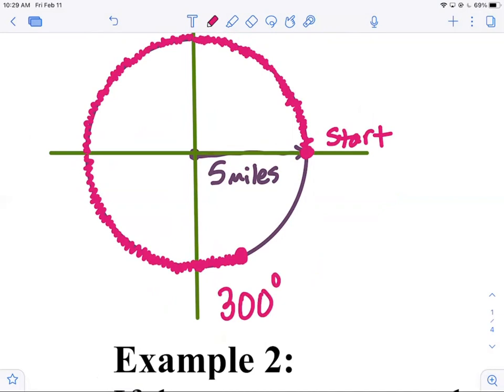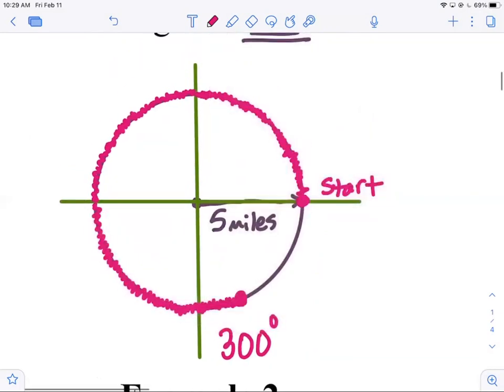He doesn't even make it a full lap. Okay. This that I shaded in little zigzags, that's the arc length. And I want to figure out if he runs through 300 degrees on a 5-mile circular track, what is that distance? Well, is it as simple as just saying 5 times 300?